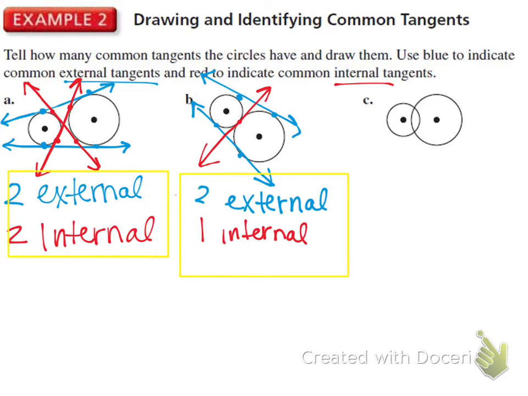C. How many external do we have? 2. And then how many internal will we have?